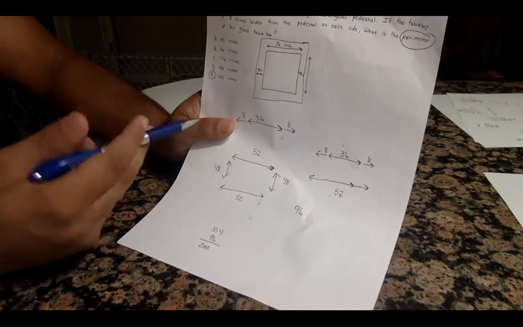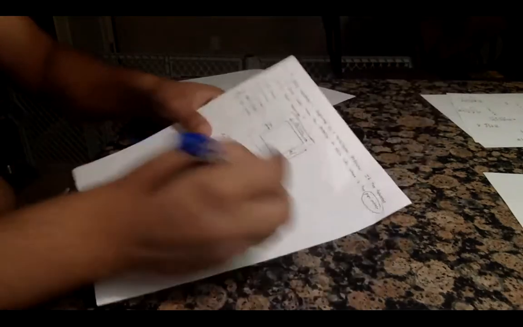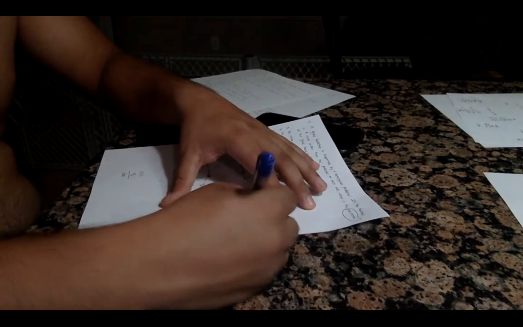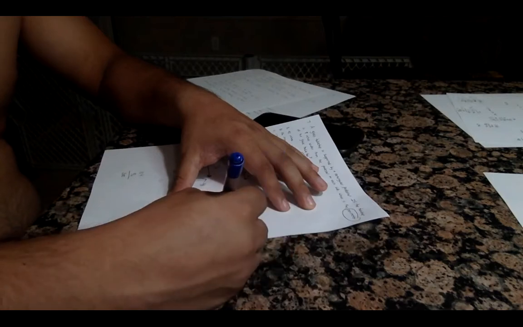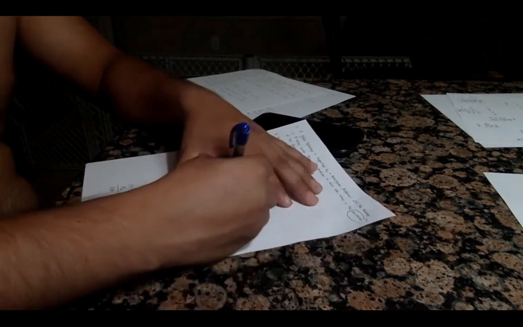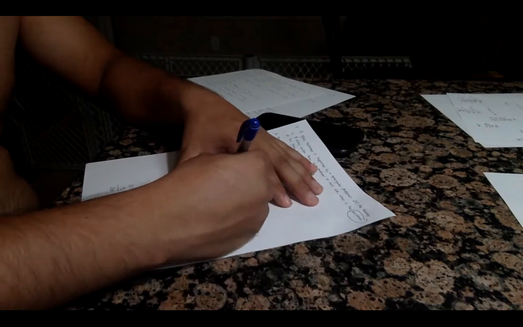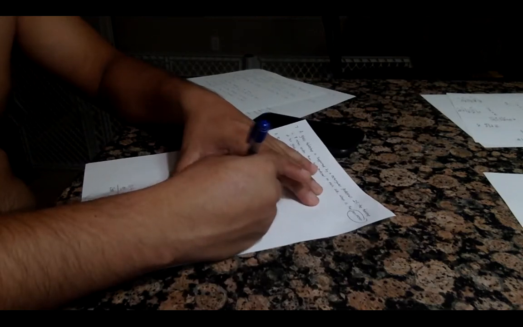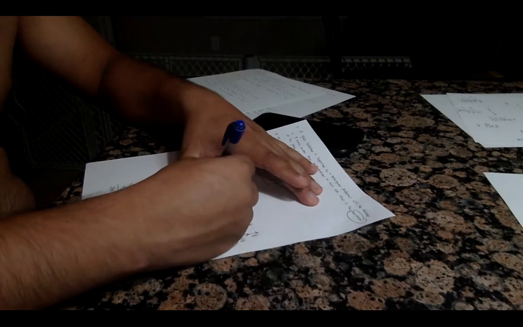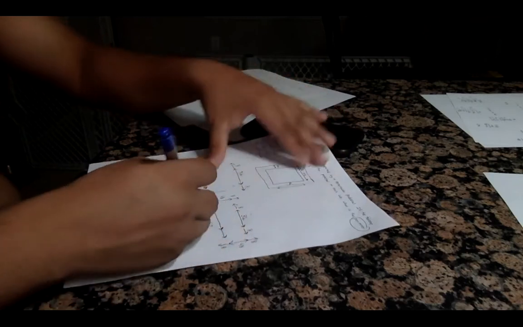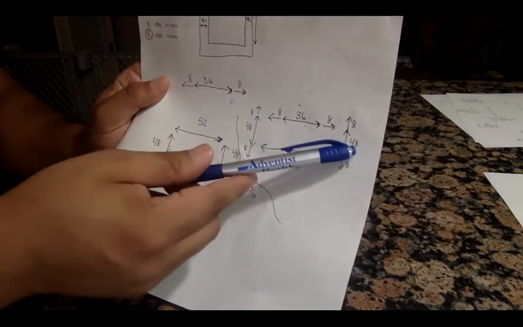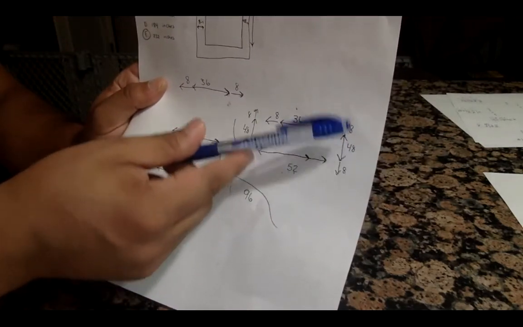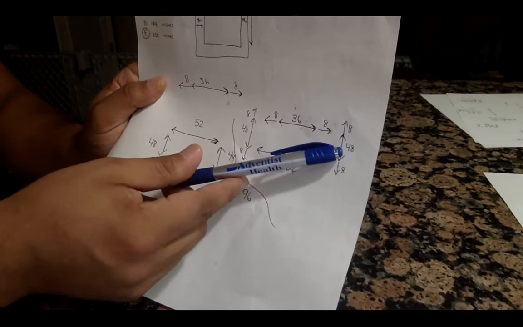Now, what the right way is, we're gonna add 8 inches vertically to the 48 inches. So if you can see, we're adding 8 inches on each side to the 48.